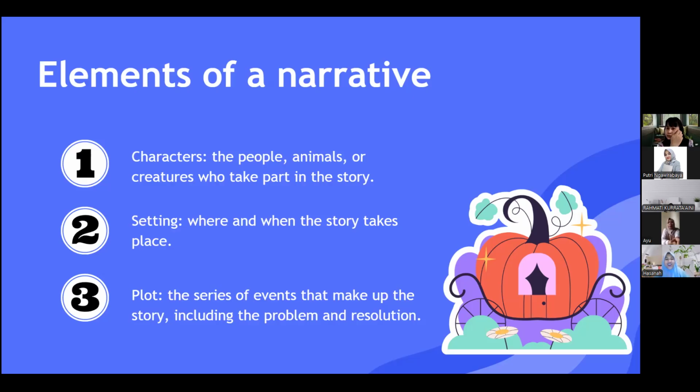Okay, good job. Next, the next element is setting. Setting is where and when the story takes place. Where and when does the story take place in the Malin Kundang story? Please, Miss Esther.